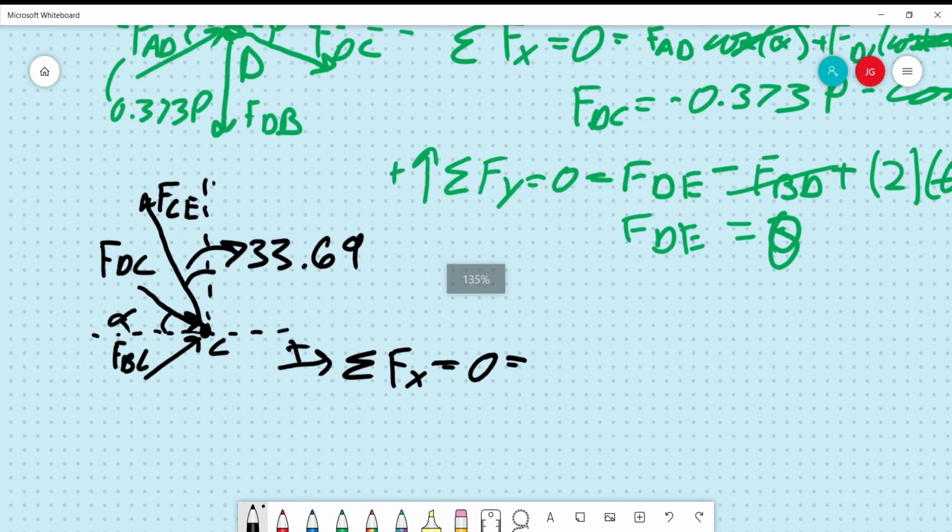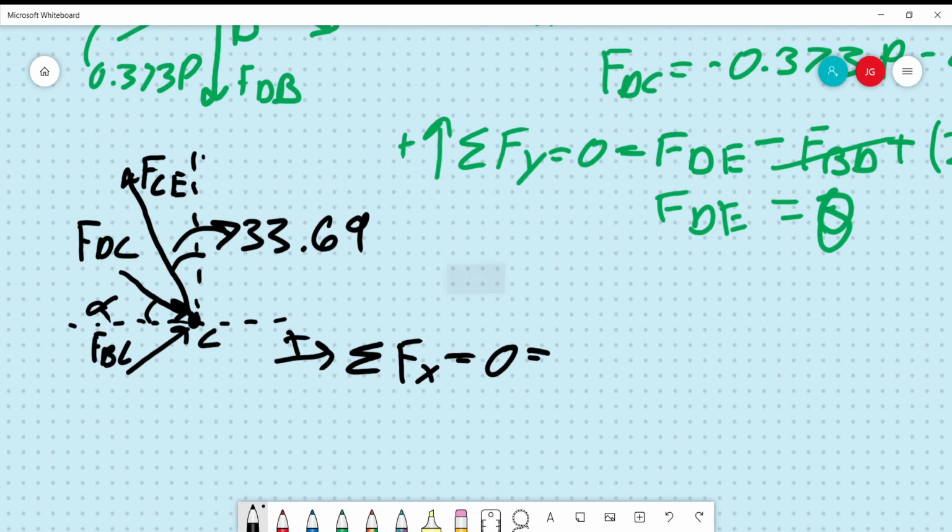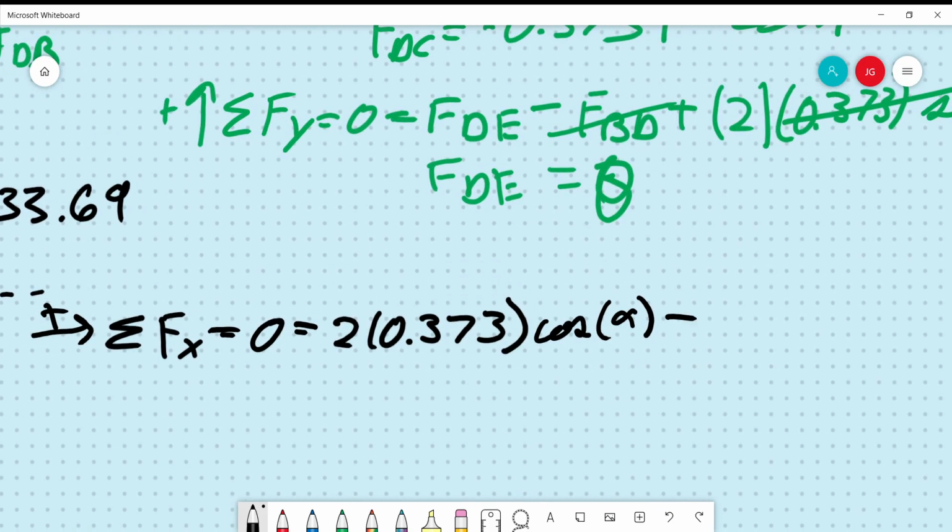Which basically means I'm going to have 2 times 0.373 times cosine alpha minus FCE sine that 33.69, because of the way I drew my angle.